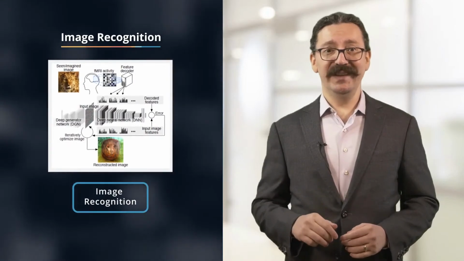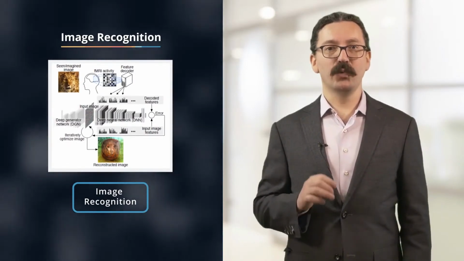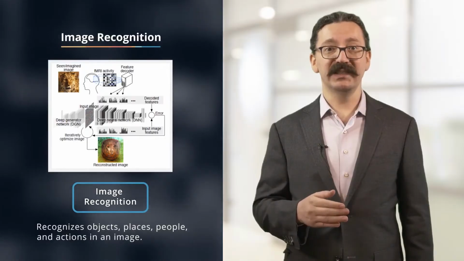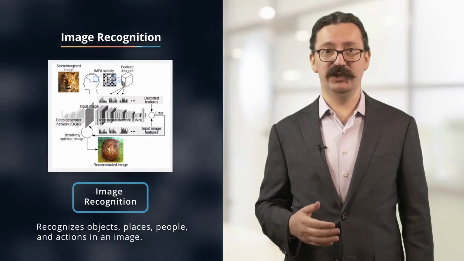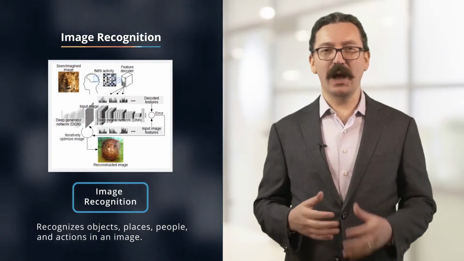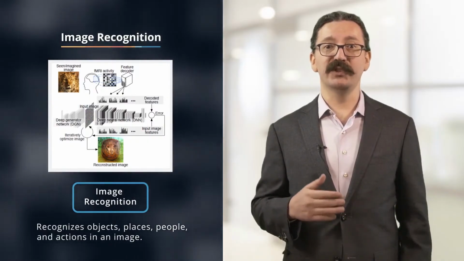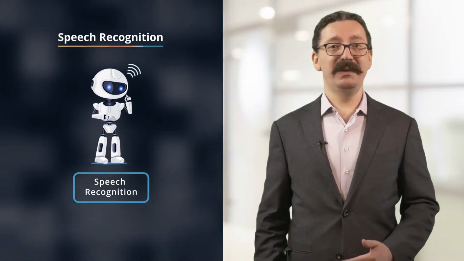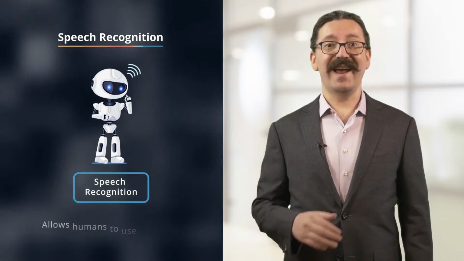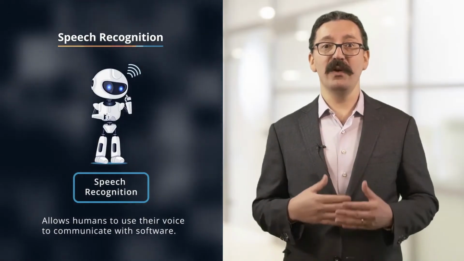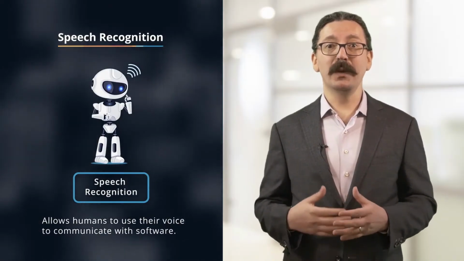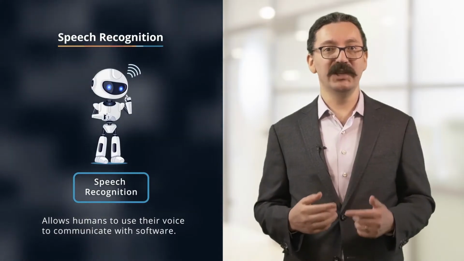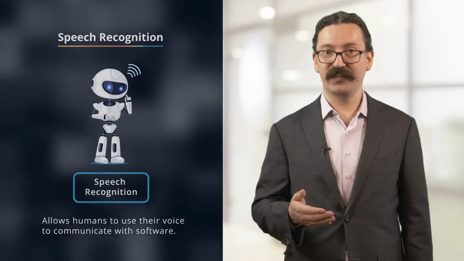Image recognition is the ability of software to recognize the objects, places, people, and actions in an image. Computers work in a combination of camera and artificial intelligence software to achieve image recognition. Speech recognition is the ability of a machine or program that allows humans to use their voice to speak with the computer and process it accordingly to perform a required task.